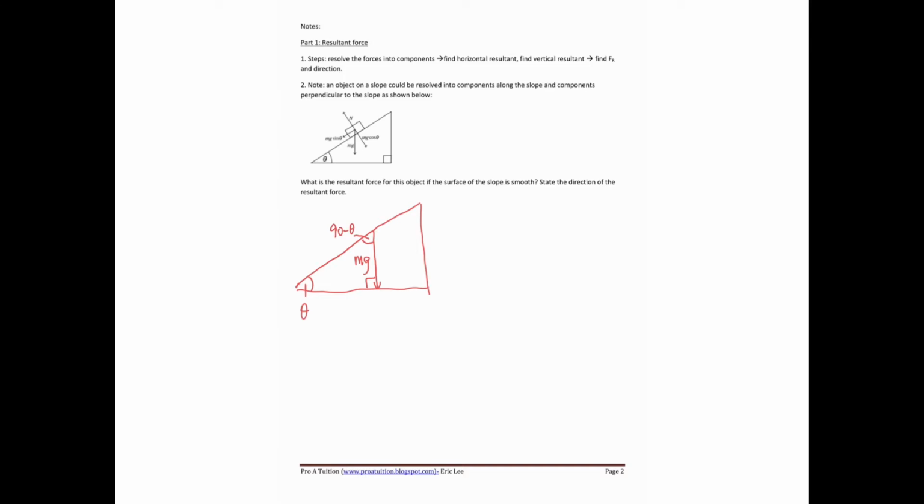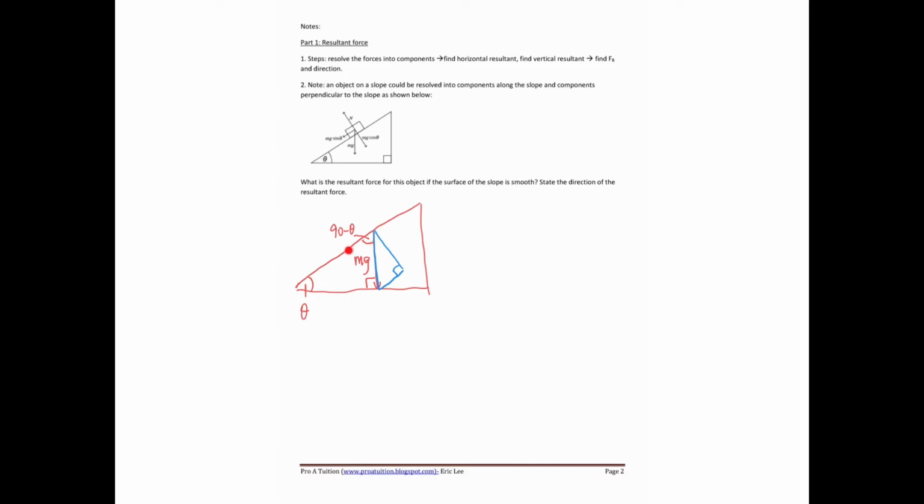Okay, so now in order to do resolutions, we build a triangle in this way, a right angle triangle. Together with this mg, they form another right angle triangle. So we look at this blue color right angle triangle. First of all, we focus on this angle.